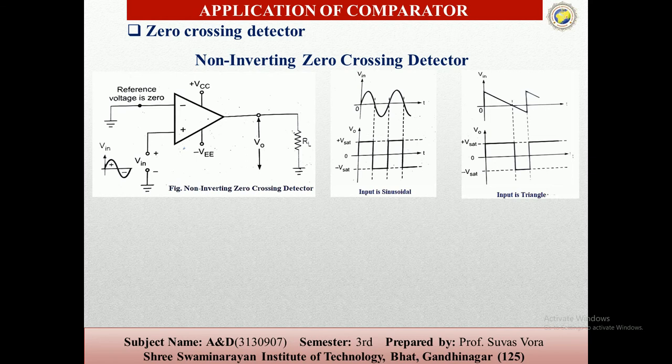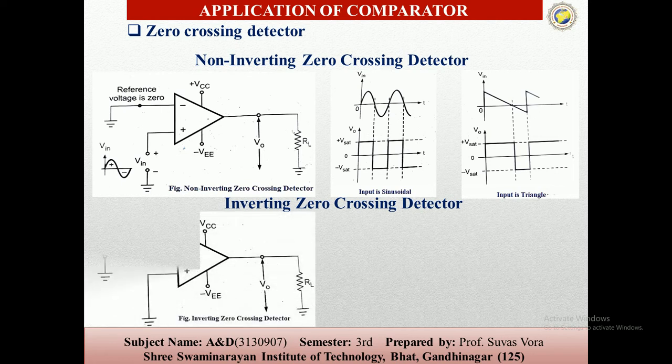Now the next topic is the inverting zero crossing detectors. In the inverting zero crossing detector, the input is directly applied to the inverting input terminal while the non-inverting terminal is grounded.